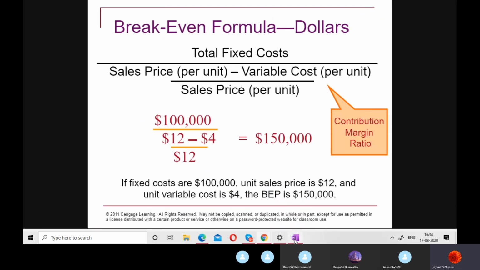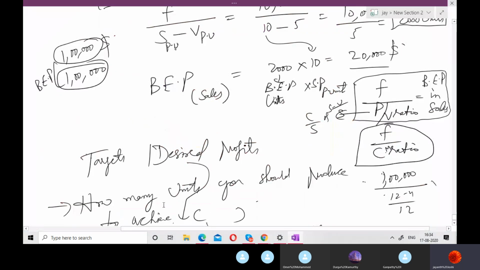Okay, and then what happens, this particular thing will go up. So 1 lakh into 12 by 12 minus 4.